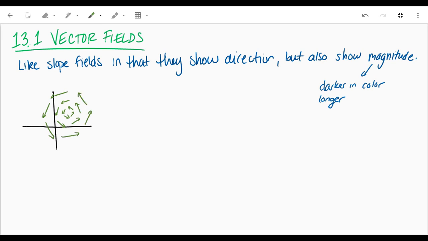Okay, and you can see that this shows counterclockwise motion, but also shows stronger or faster motion as you move outward.